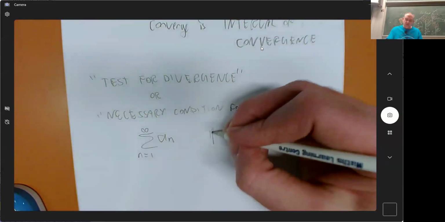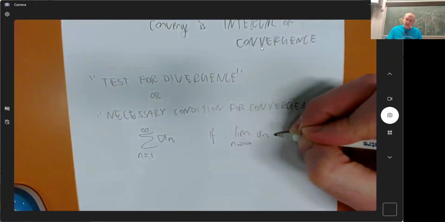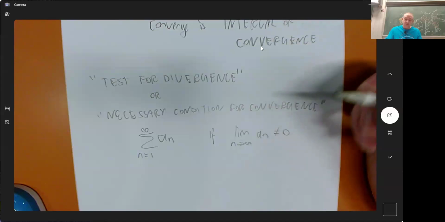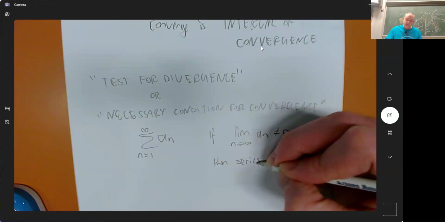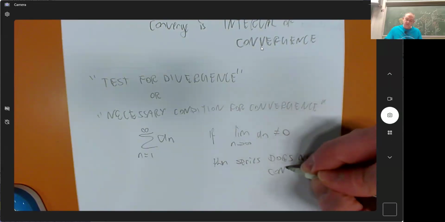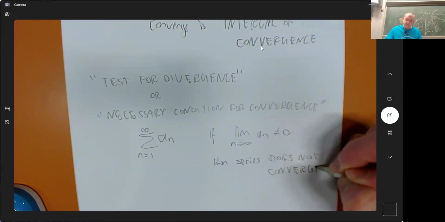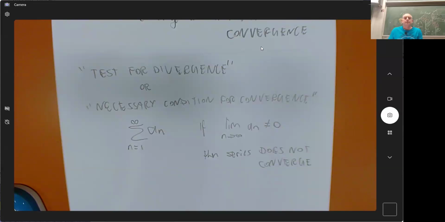So if the limit as n goes to infinity of an is not zero, then the series does not converge. But if the limit is zero, you have no idea. It still might converge, it might not.